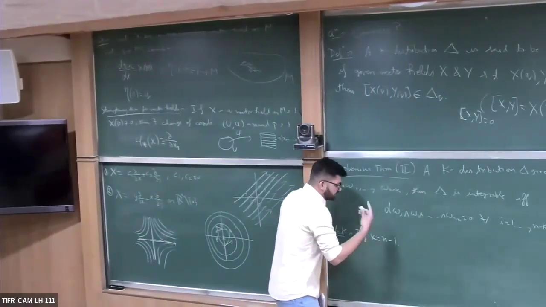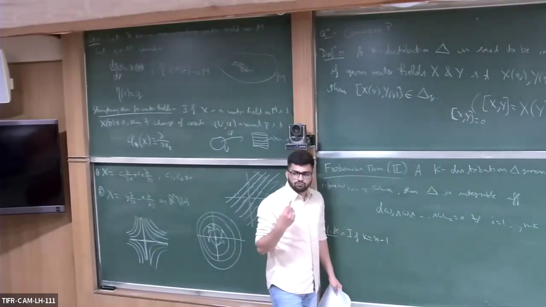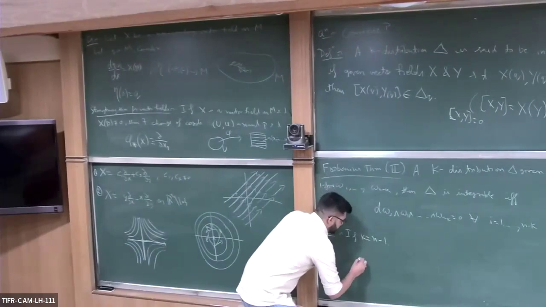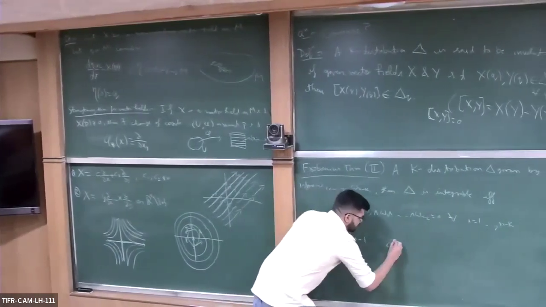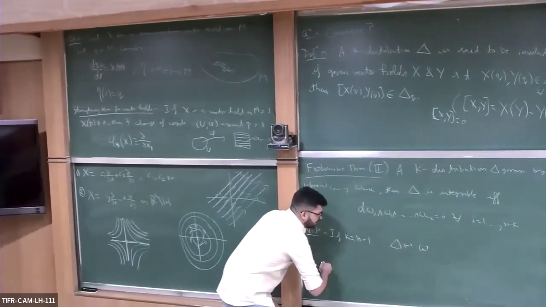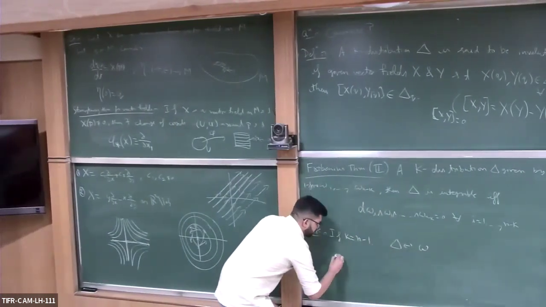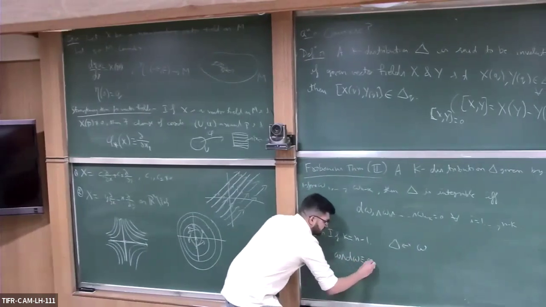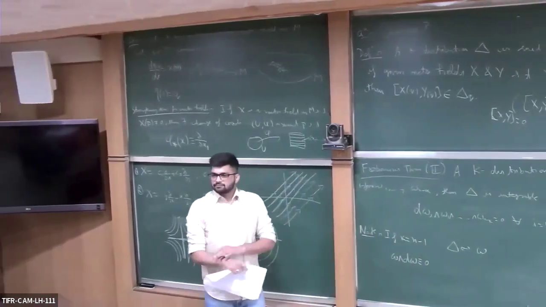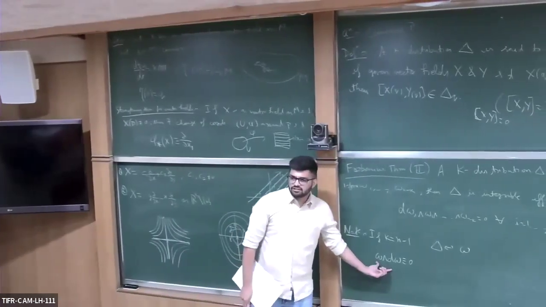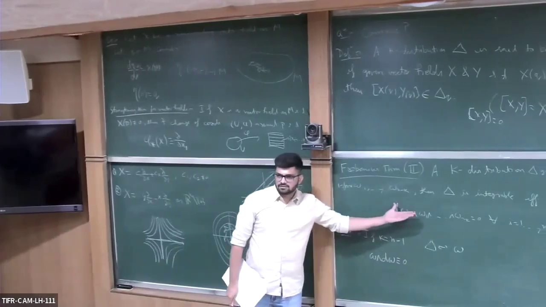In that case, I just need one holomorphic one form. So this delta will correspond to a one form omega, and this delta is completely integrable, or there is a foliation, if omega wedge d omega is 0. If I only have one form, then this is the only condition.